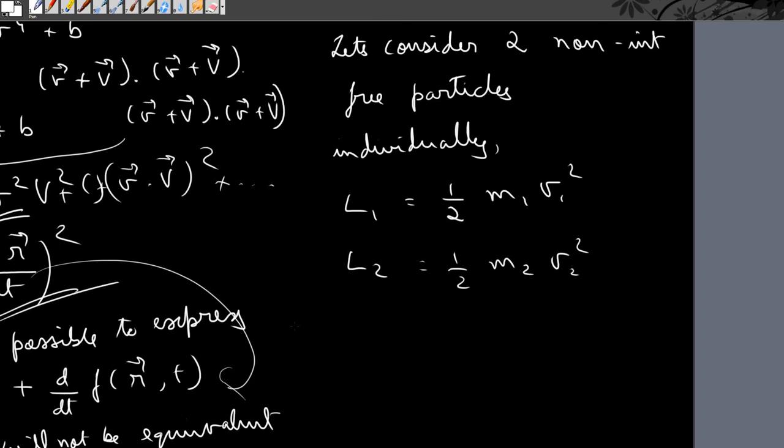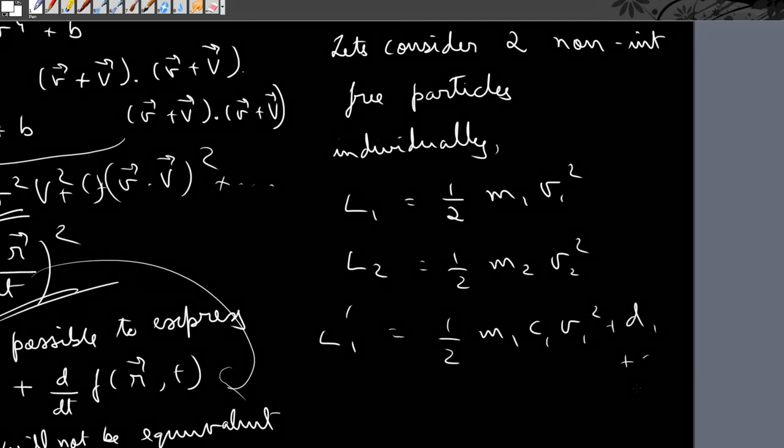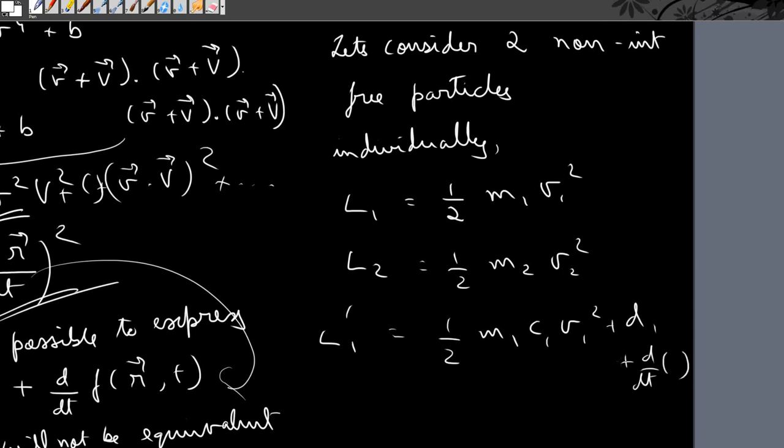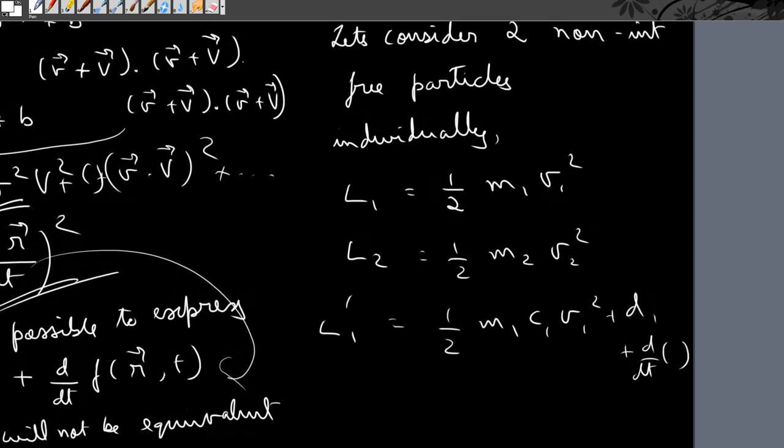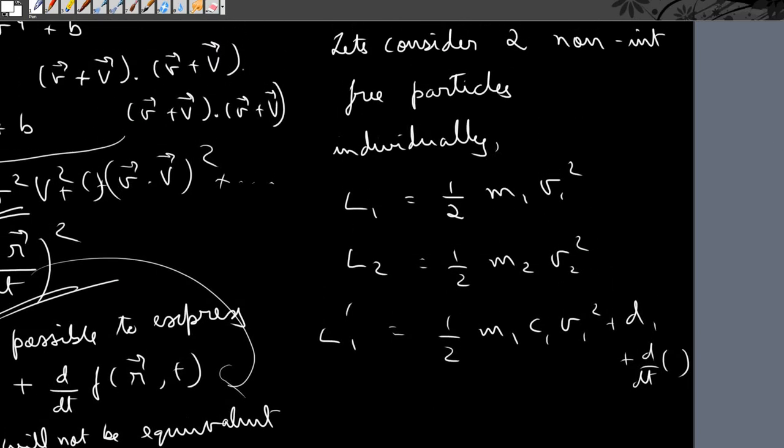And I can always define my Lagrangian L dash as some half m1 c1 v1 square plus d1 plus d by dt of some function, because I will still get the same result if I consider them individually.